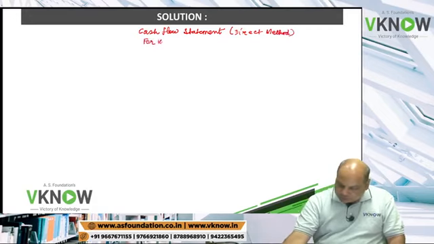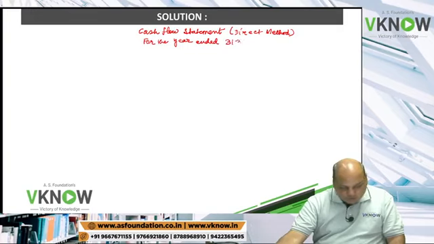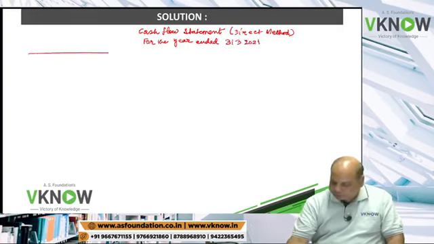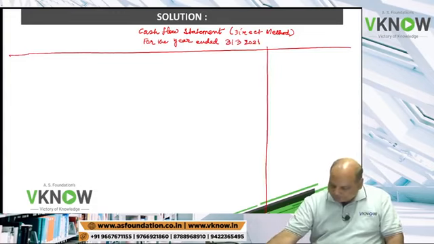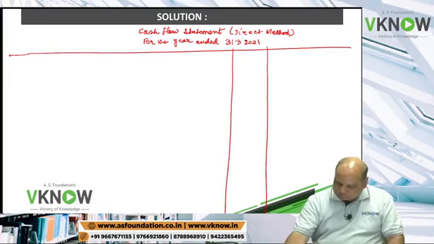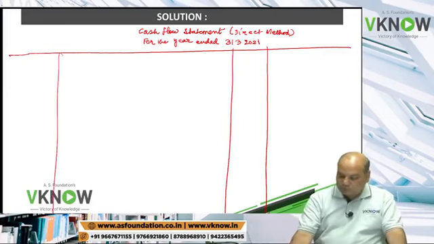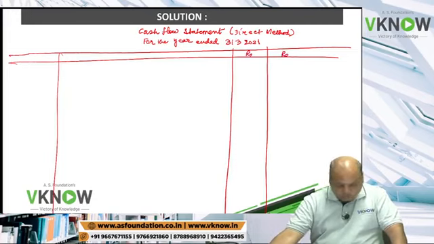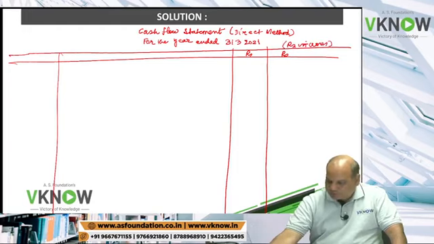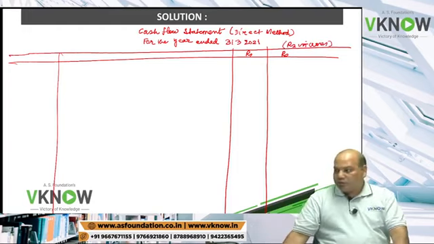For the year ended 31st March 2021. Serial number, particulars, rupees in crores.